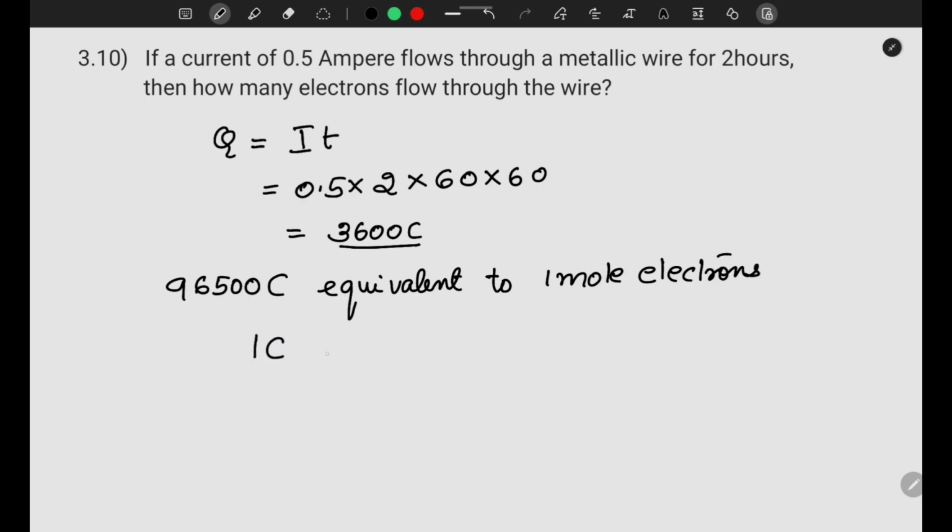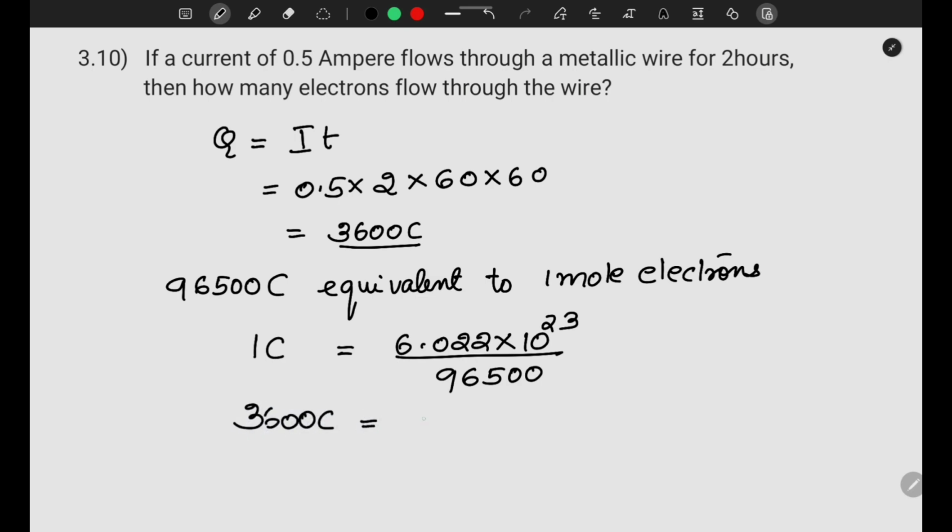So 1 coulomb is equal to 6.022 into 10 raised to 23 divided by 96,500 electrons.